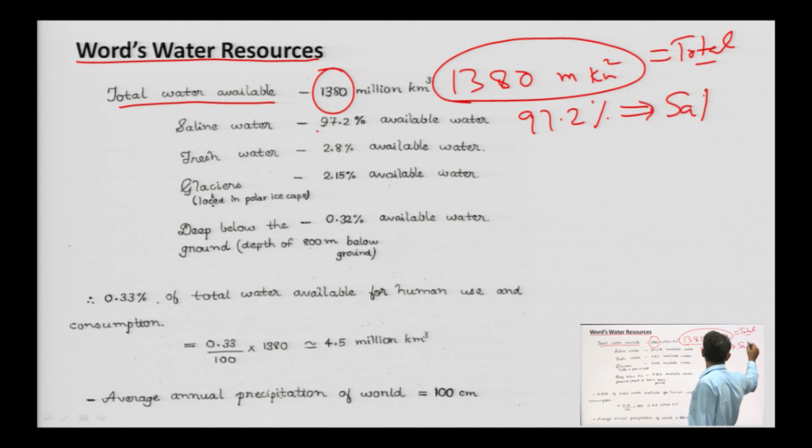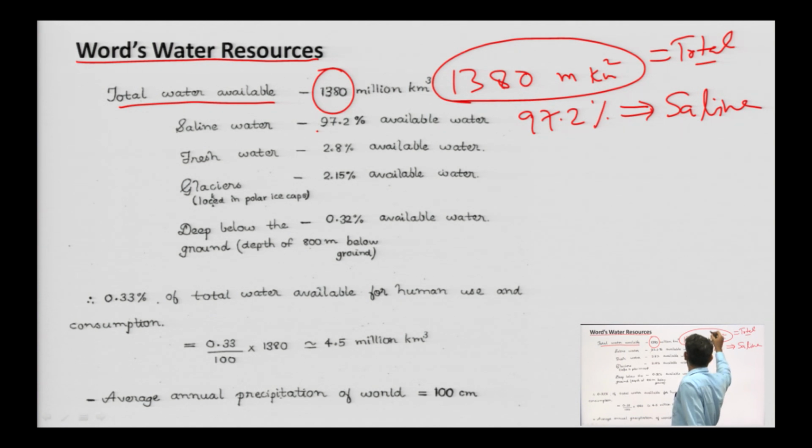So, that water available to us is not in any direct use, in terms of our domestic or industrial needs. Its usefulness is limited, and the remaining is 2.8%.